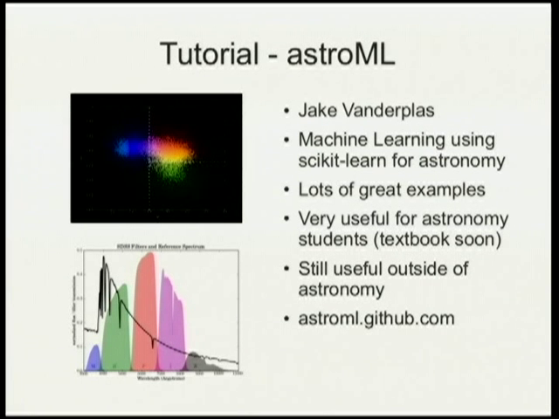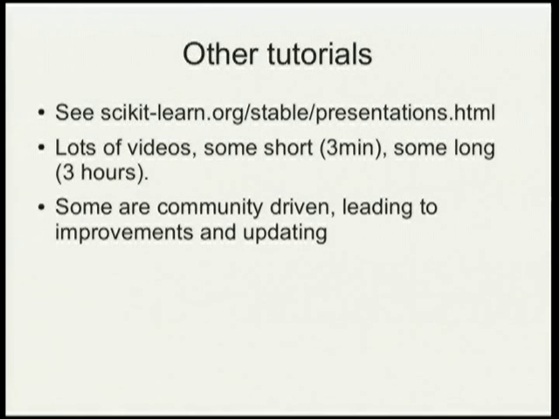So if you're in that field, then this is a good library to have a look at. They've developed a tutorial on using it for astronomy, and while you may not have a particular application in this area, this is a good tutorial to go through as well. Both tutorials there are really well written.